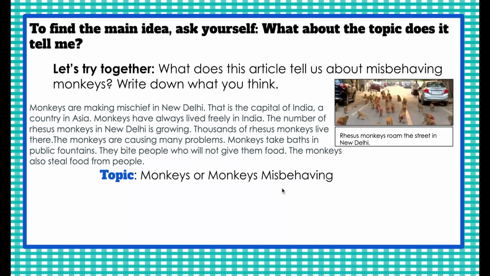So now we're going to ask our brain, what does this article tell us about misbehaving monkeys? Well, it says they're making mischief in New Delhi. It says the number of rhesus monkeys is growing, so there's getting to be more and more of them, and they're causing a lot of problems.